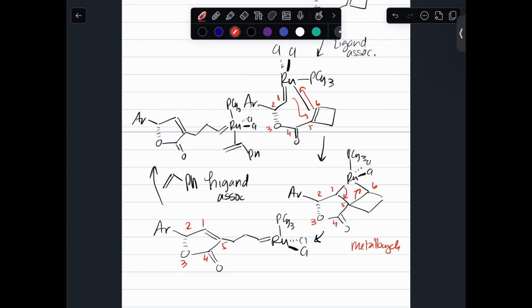It does the migratory insertion. Or pseudo-migratory insertion.